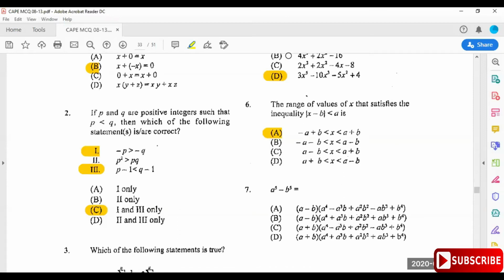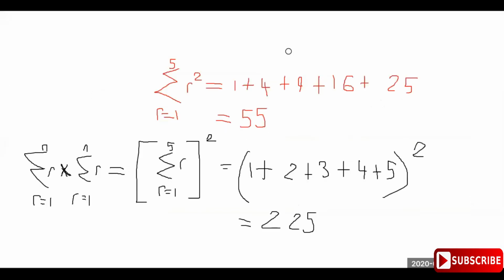All right, question 7. Question 7 is a formula you pretty much have to remember. A to the n minus b to the n, the difference of two powers formula. And that formula is easy to remember. A to the n minus b to the n starts with a minus b, bracket.